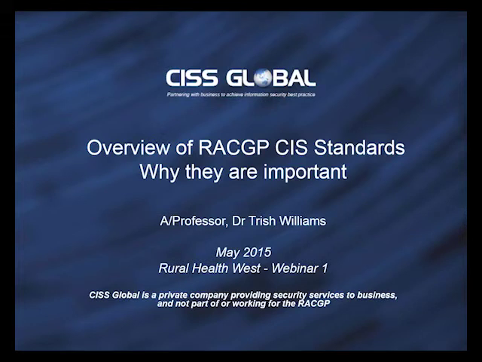The company name is Computer and Information System Security, not to get confused with the CIS standards themselves, and we're not actually associated with the RACGP, other than the fact that I authored the security standards that we're going to go through today on behalf of the RACGP.